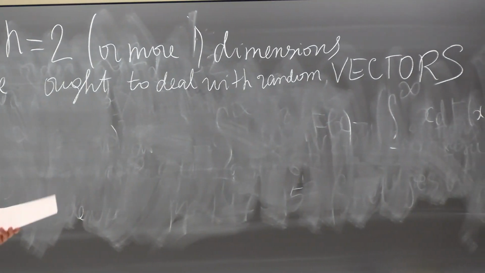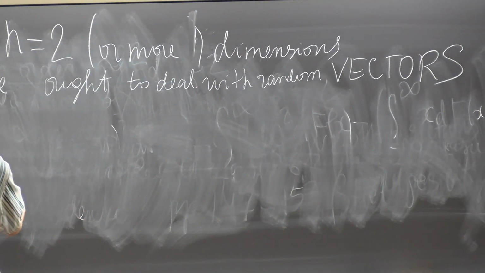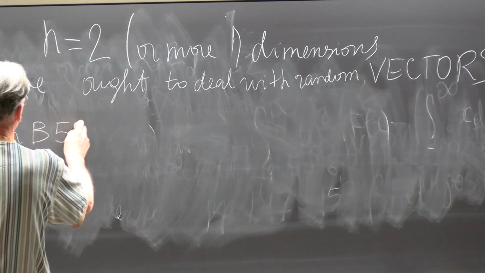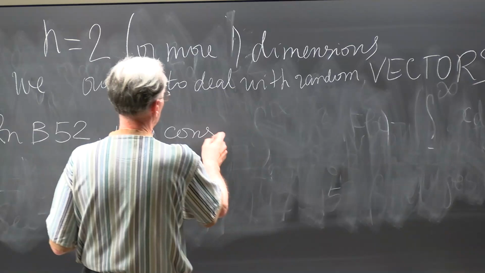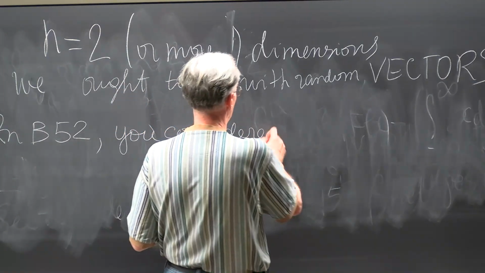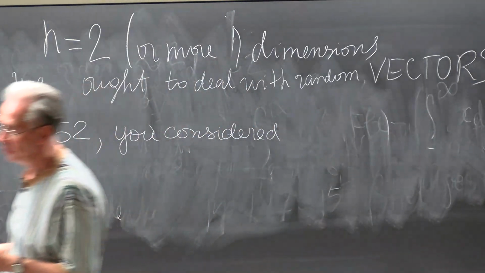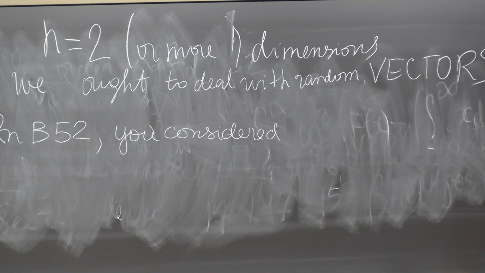And in B52, you considered the bivariate normal probability density function.